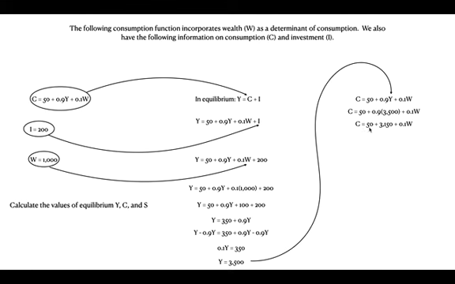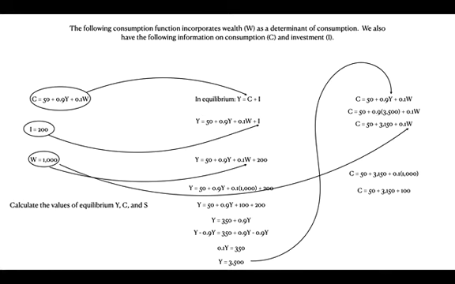So consumption is equal to 50 plus 3,150 plus 0.1W. We can place the 1,000 that we have for wealth into that consumption function, which gives us consumption is equal to 50 plus 3,150 plus 0.1 times 1,000. 0.1 times 1,000 is equal to 100. So we have consumption is equal to 50 plus 3,150 plus 100. And we add those together. We get consumption is equal to 3,300.